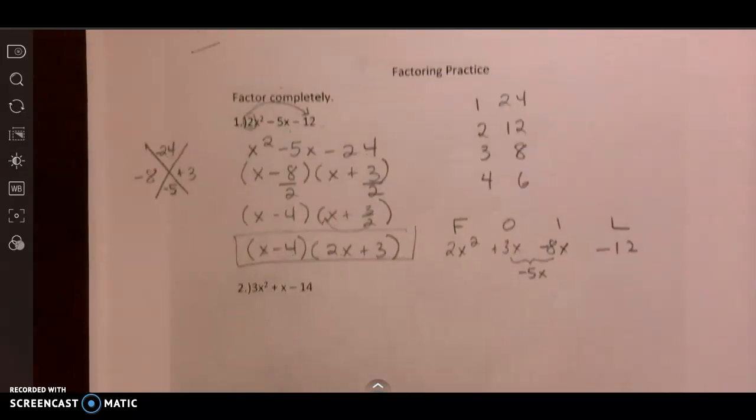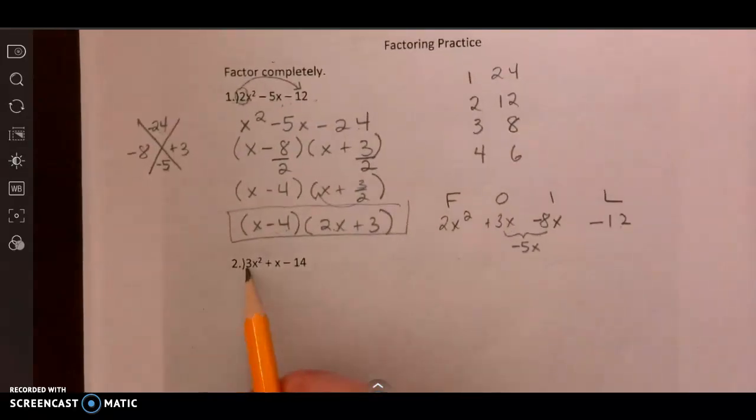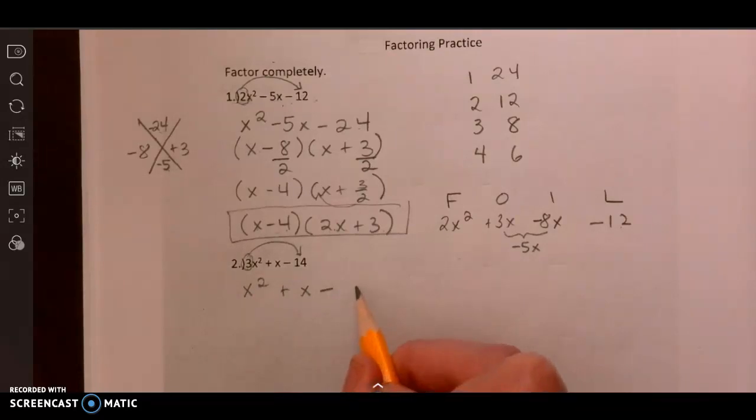Let's try another one, number 2. My leading coefficient is greater than 1, so I'm going to use slide and divide. Slide that 3, and I get x squared plus x minus 42.